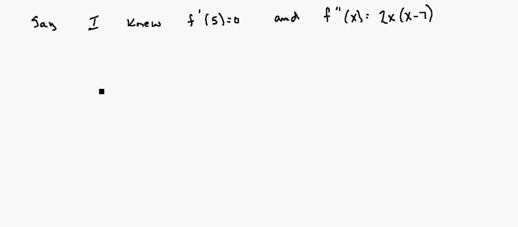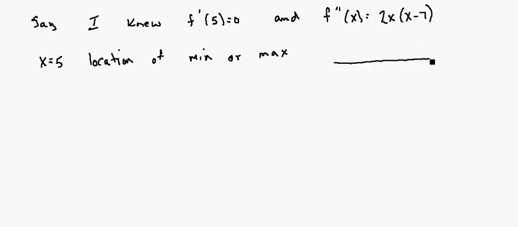And I wanted to know whether x equals 5 was the location of a min or max. See, it's going to be pretty hard in this case to set up a number line for f prime, for a very obvious reason. We don't know what its formula is. We don't have its formula.